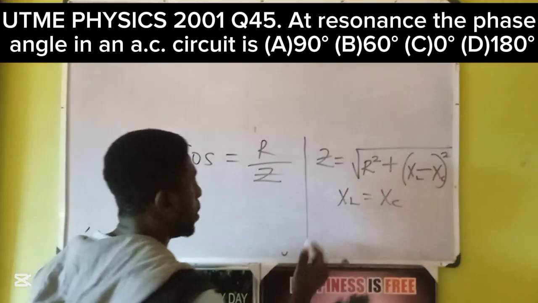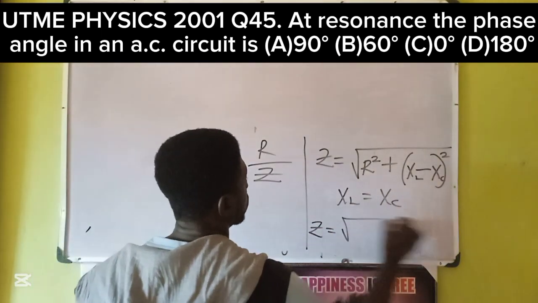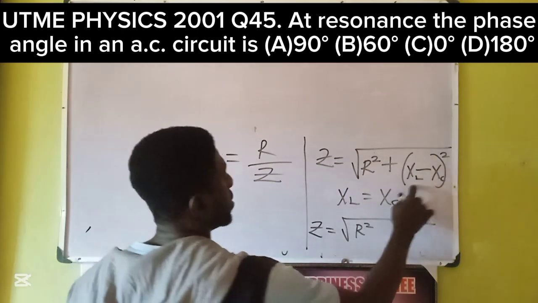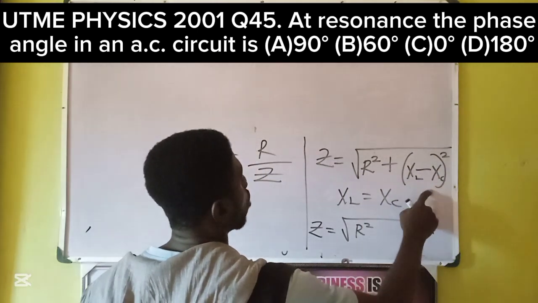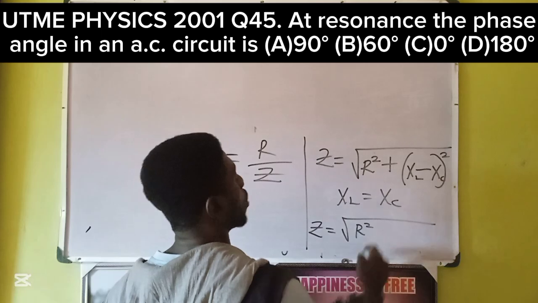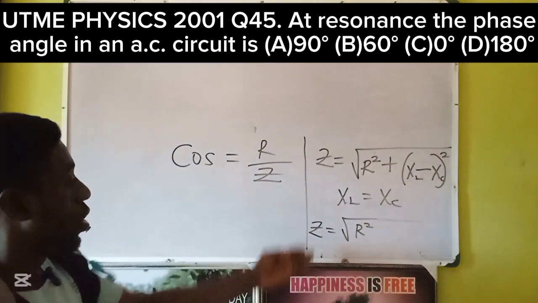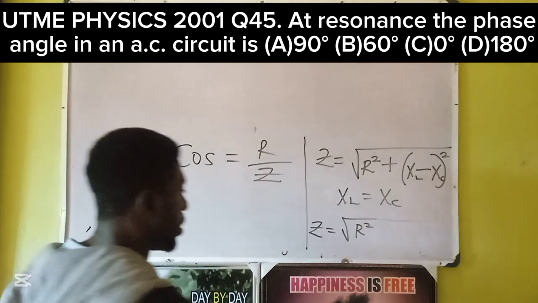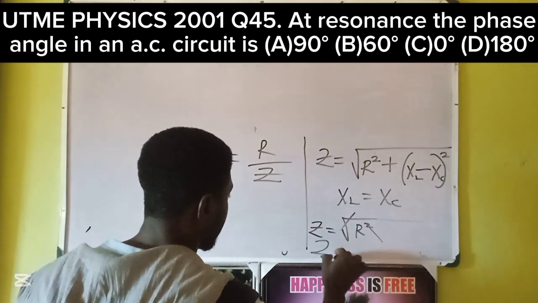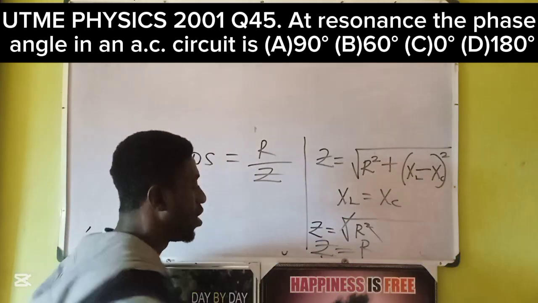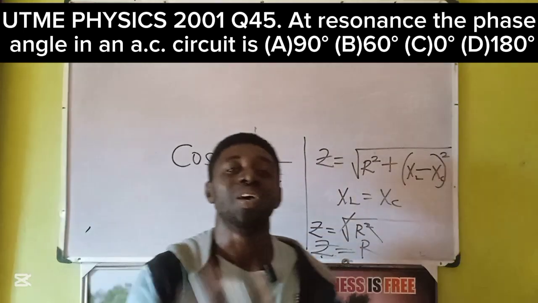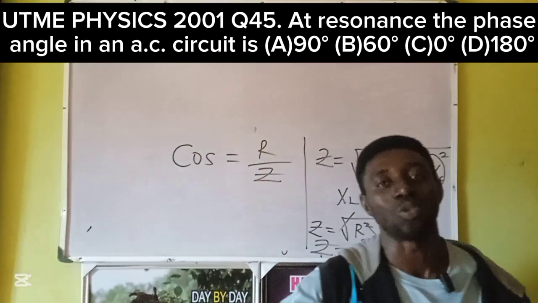Then let's see what will happen. Z now is equal to the square root of R squared plus XL minus XC squared. Since they are now equal, the same number, it will give us 0. 0 squared will also be 0. Then this reduces to the square root of R squared. Square cancels square root. Z becomes equal to resistance. So you can see that it is the same thing as a purely resistive circuit.